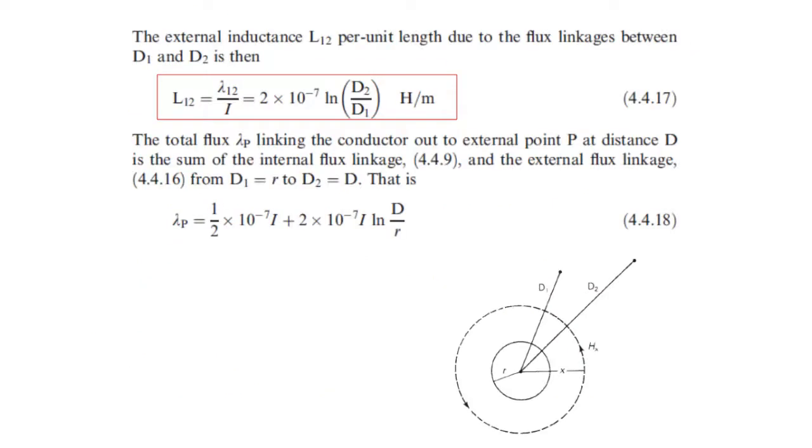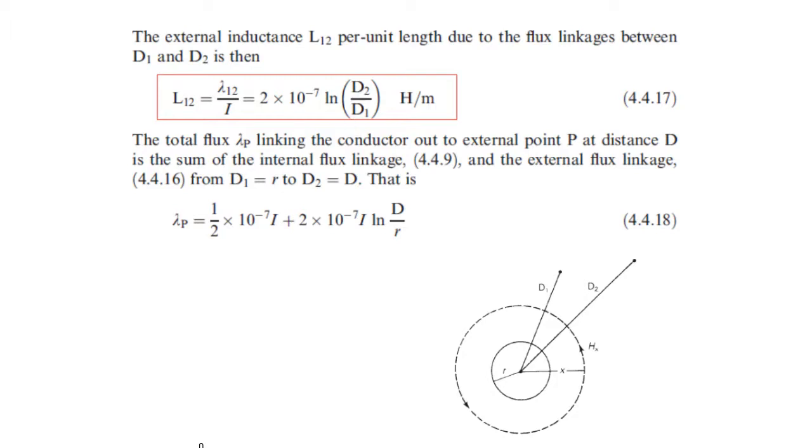So the inductance of outside will be the natural log of D2 over D1. You see here? And remember, where does the natural log come from? As an engineer, you need to know the theory. Why do we have this natural log, for example? Why does the equation look like this? This is what engineers need to think about.